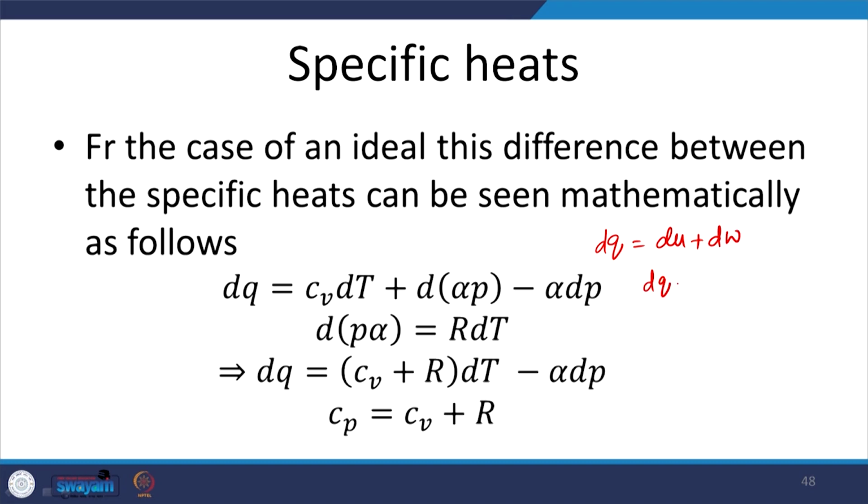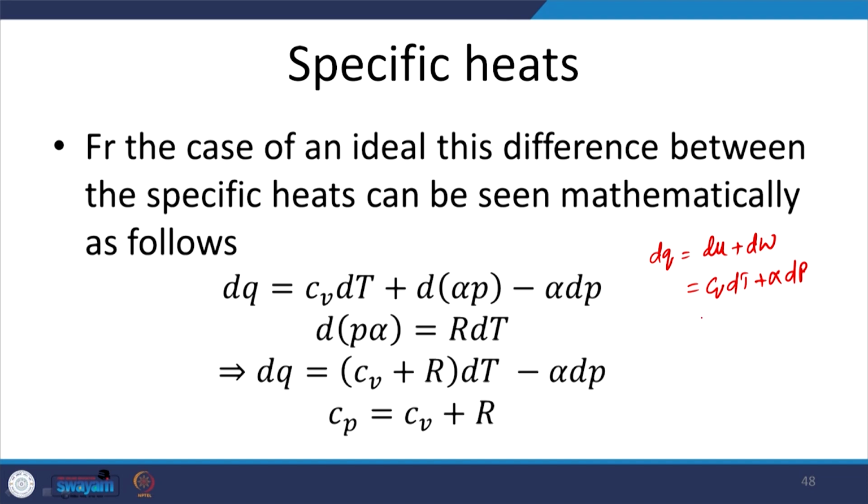At constant volume du is Cv dT, so dq is du plus dw, where du is Cv dT plus alpha dP, right.